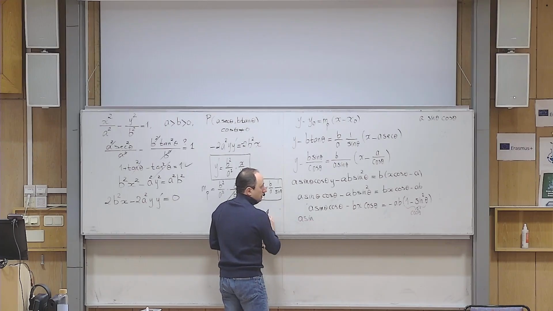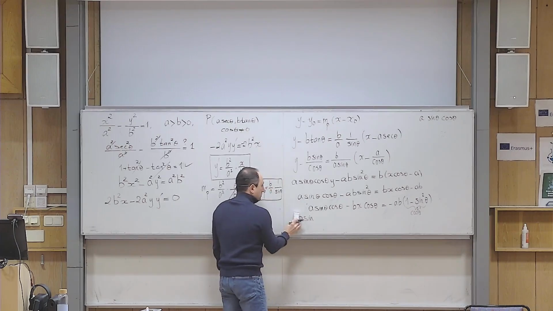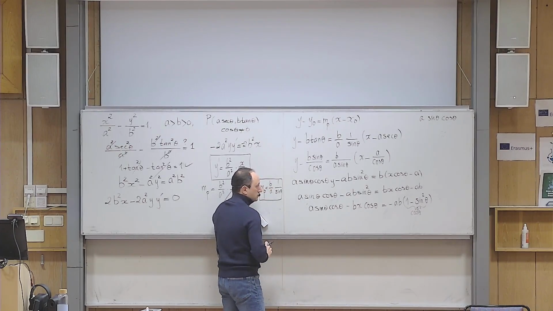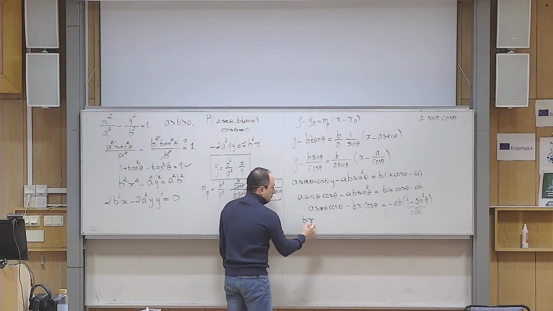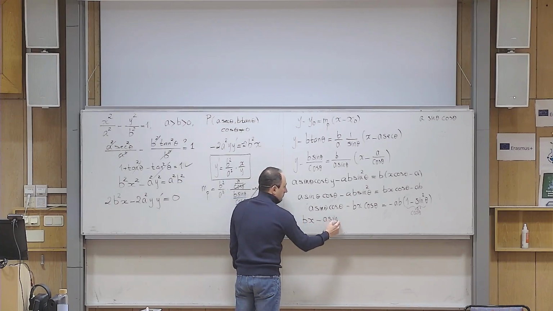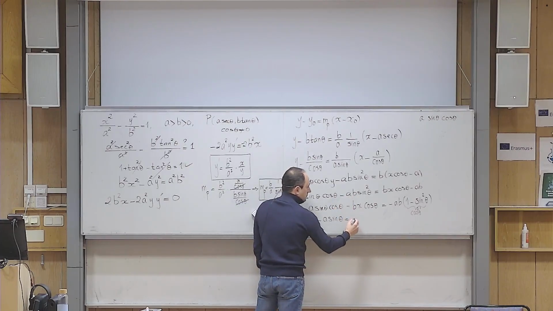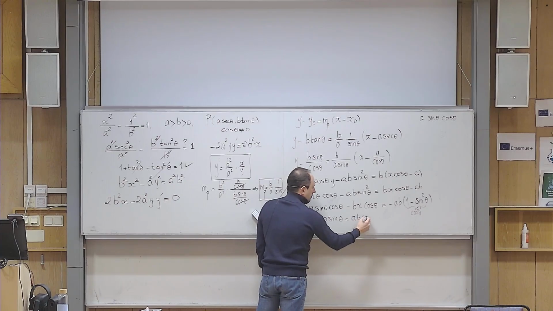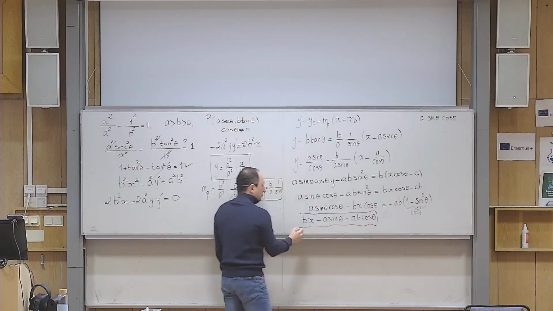If you don't mind, let me divide by minus cosine theta. So I divide everything by minus cosine theta. This becomes bx positive. This becomes minus a sine theta. And on the right hand side, I will have just ab cosine theta. So that is the equation of the tangent line.